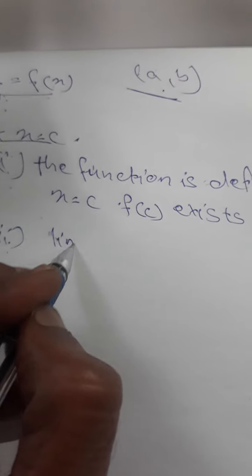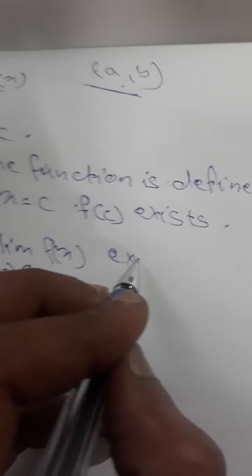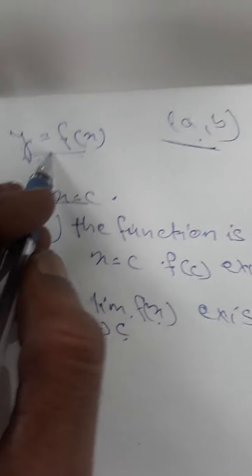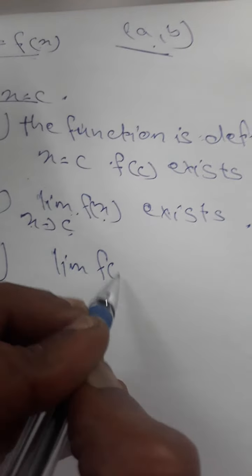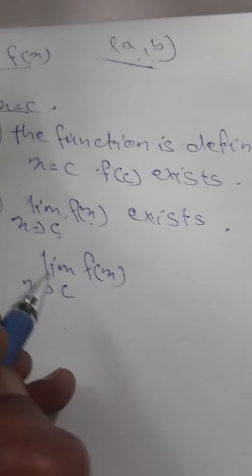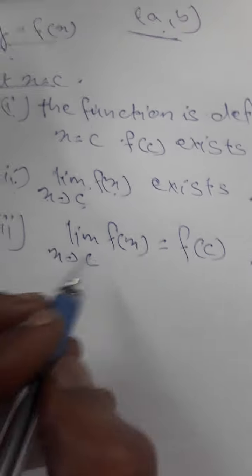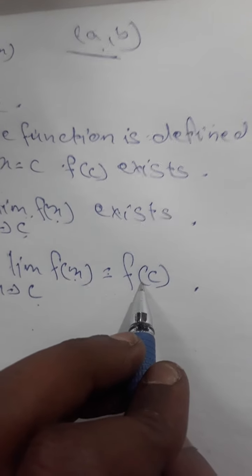Then the limit of the function should exist, that is, when you solve the limit of the function as x tends to c, you should get a real number. And the third condition is that the limit of f of x as x tends to c should be equal to f of c.